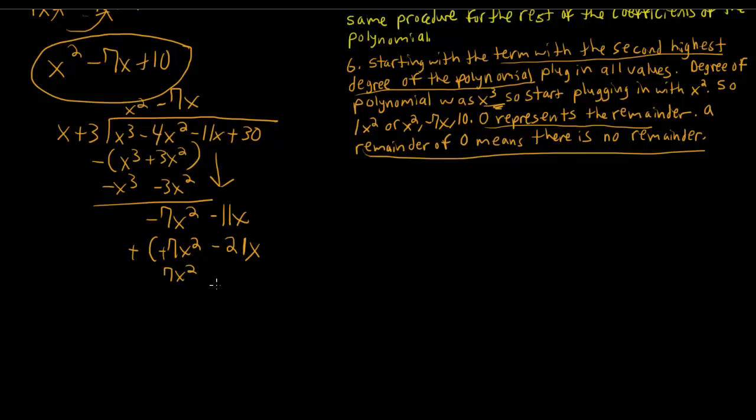Oh, and this would also be a negative and a negative, so this would cancel out, and then this would just be 10x.